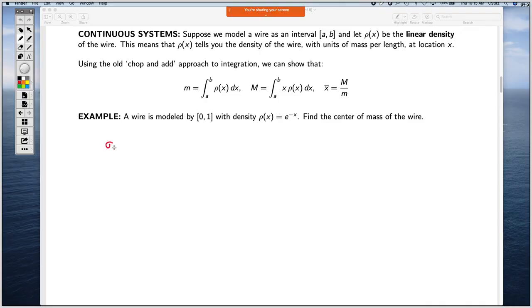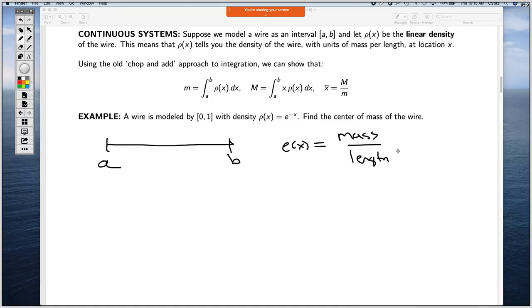So we're thinking of the wire being modeled by an interval from A to B. And rho of x, that's our Greek letter rho, has units of mass per length. So maybe the wire is made out of a composite material. It's denser on one end than the other.